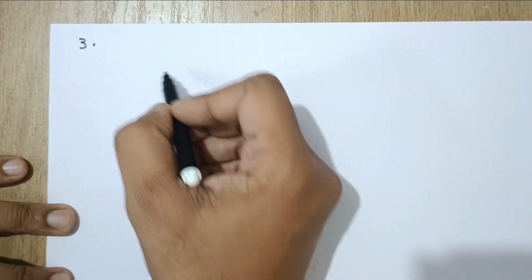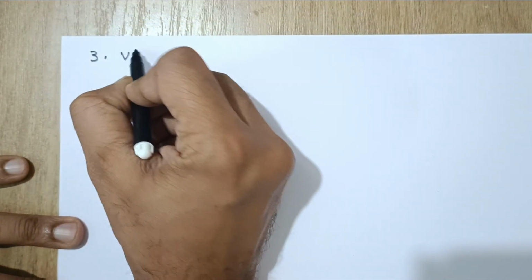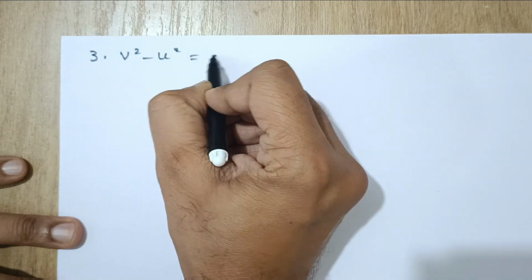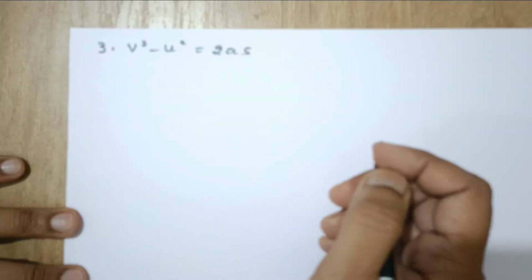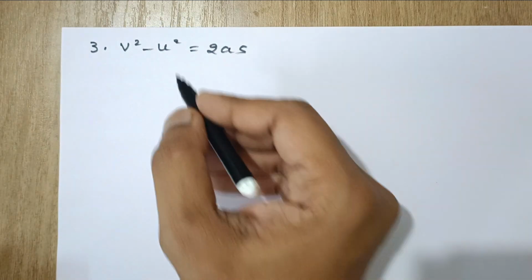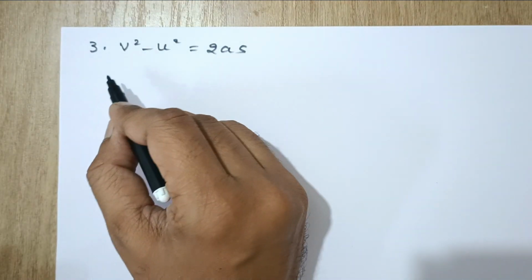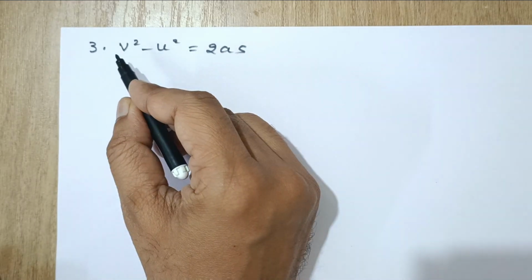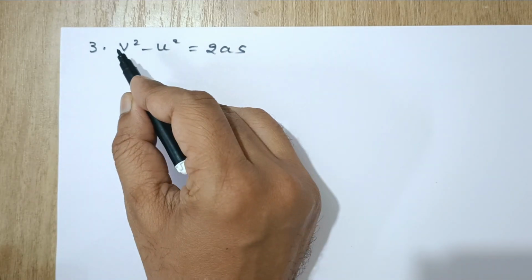Now the third equation of motion is v square minus u square is equal to 2as. Here v is the final velocity, u is the initial velocity, a is the acceleration, and s is the displacement from time is equal to 0 to time is equal to t.